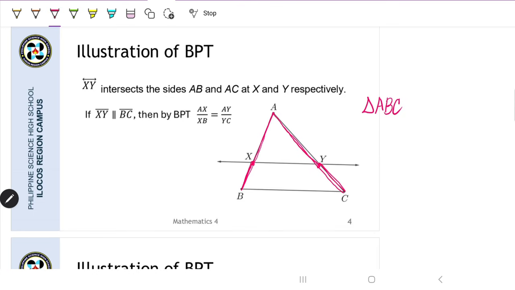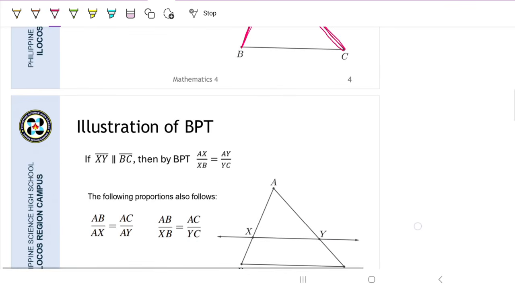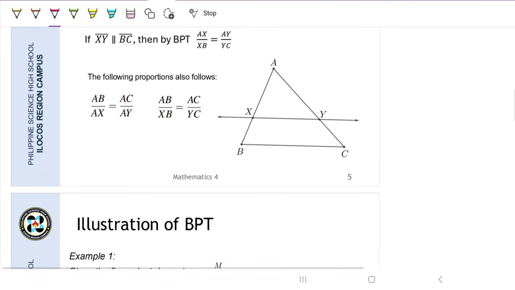So by BPT, the given sides are divided proportionally. So we can say that AX over XB is equal to AY over YC. Aside from that, we can also say the following. The whole length AB divided by AX is equal to the whole length AC divided by AY.